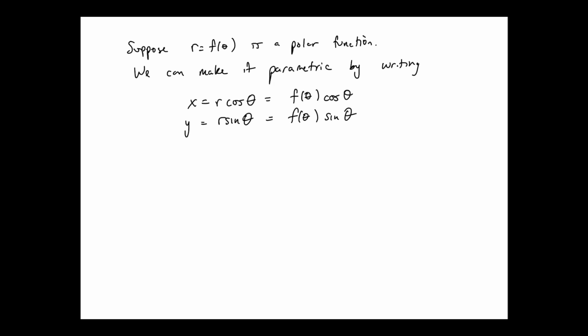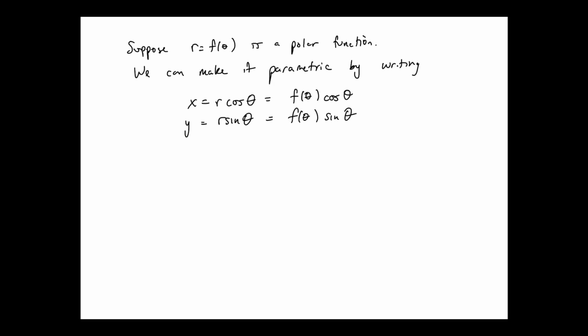We know that a polar function would be something of the form r equals f of theta, where the right-hand side only depends on theta as a function, okay? And what was the conversion from polar to Cartesian? It was that x would be r cos theta and y would be r sine theta. Okay, great.